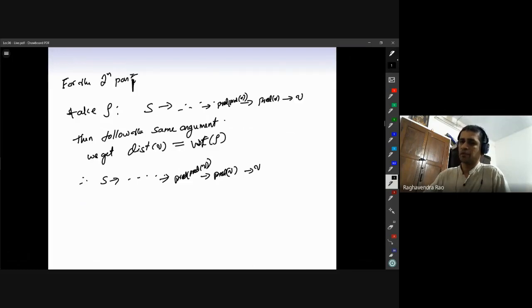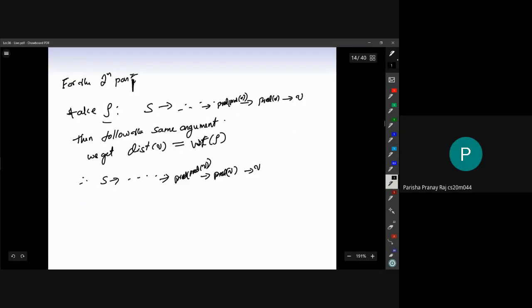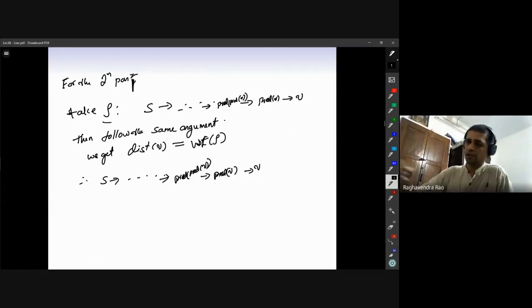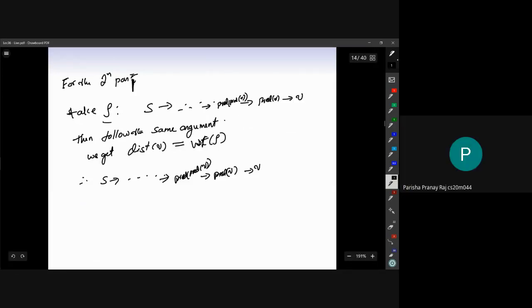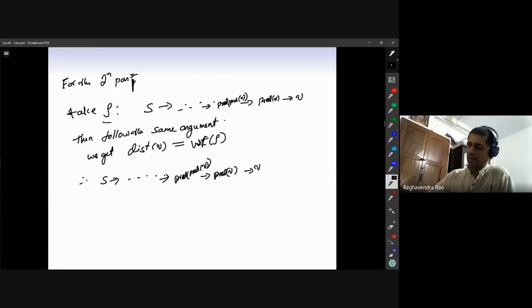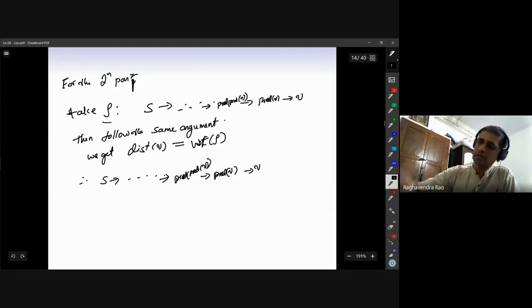So I'm applying the argument for this specific path. We are just repeating the same argument with this as the path. So then see what happens. Vi minus 1 is in this path, so Vi minus 1 is the predecessor of V. So we know that this has happened, right?